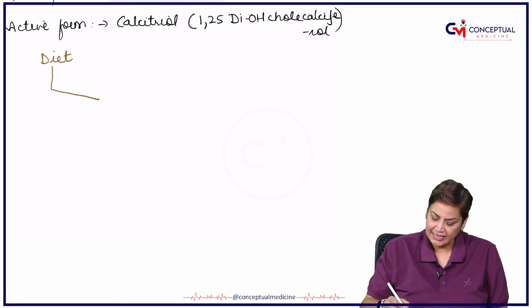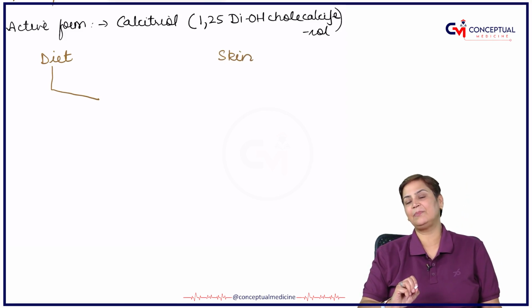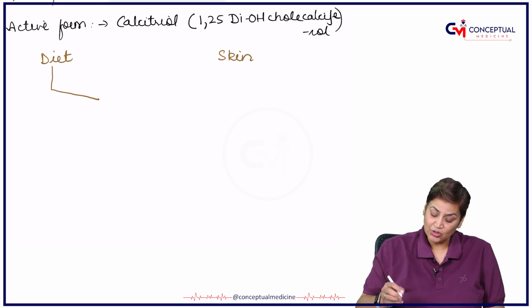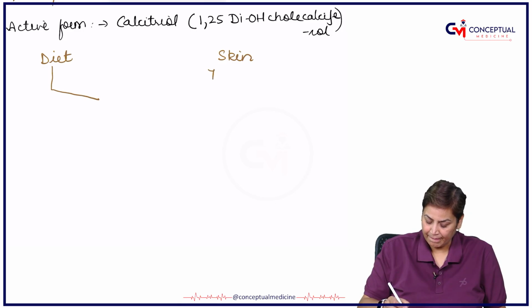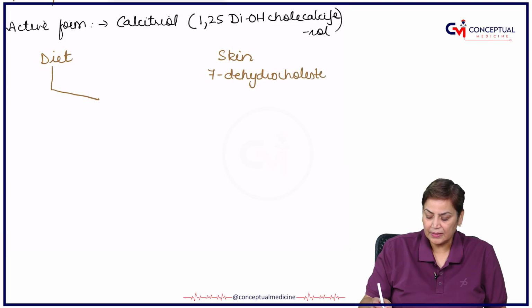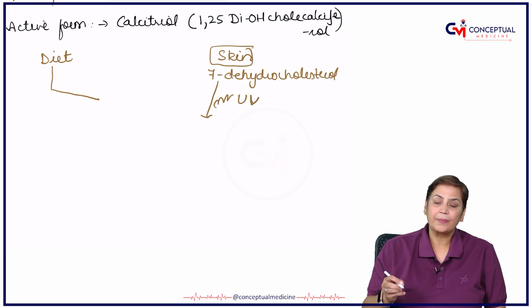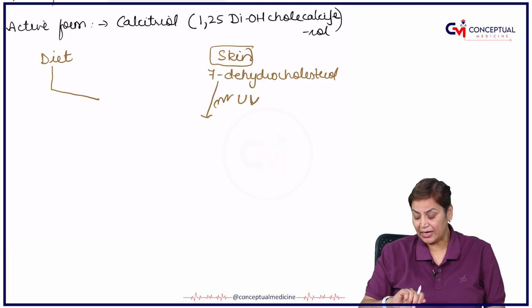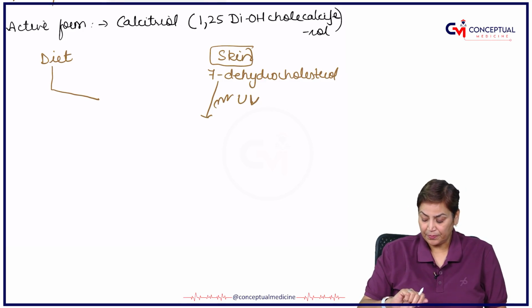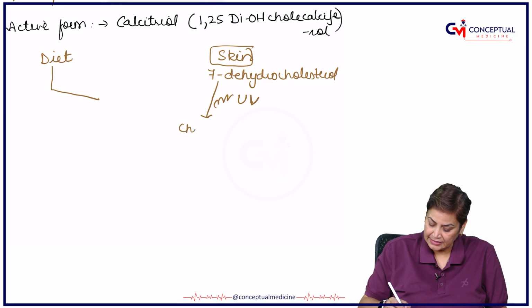Second, the first reaction takes place in the skin. Cholecalciferol will be produced from 7-dehydrocholesterol. So in the skin, in the presence of UV rays, 7-dehydrocholesterol is converted into cholecalciferol.